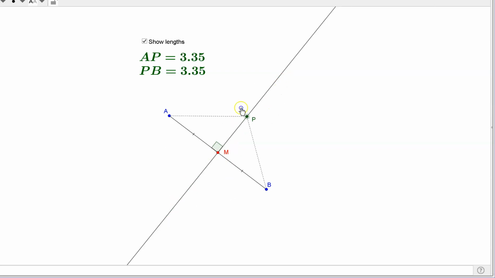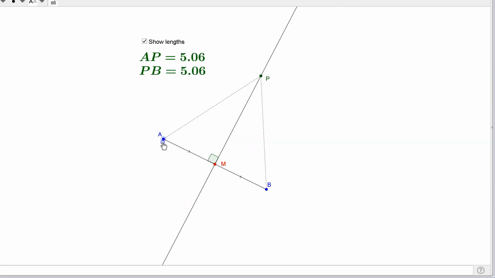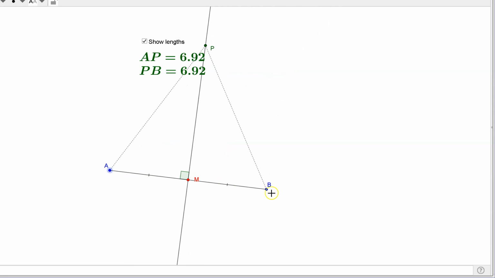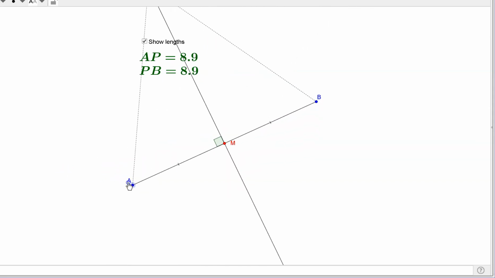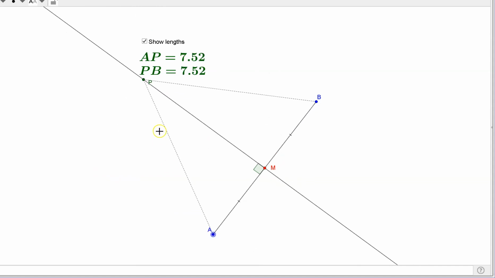Same thing is true. What if I were to change the segment and maybe move points A and B around? Does the same thing hold true? It sure does. It doesn't matter where segment AB is located. If a point is on the perpendicular bisector of that segment, it is equidistant from the endpoints.